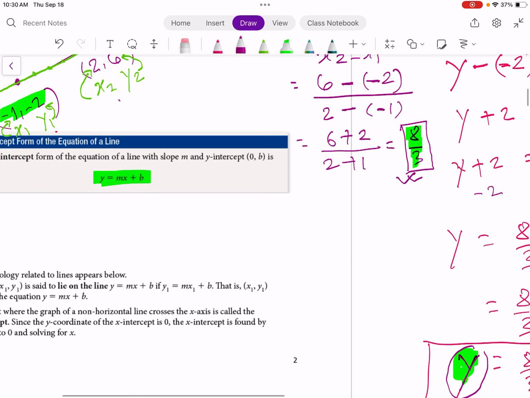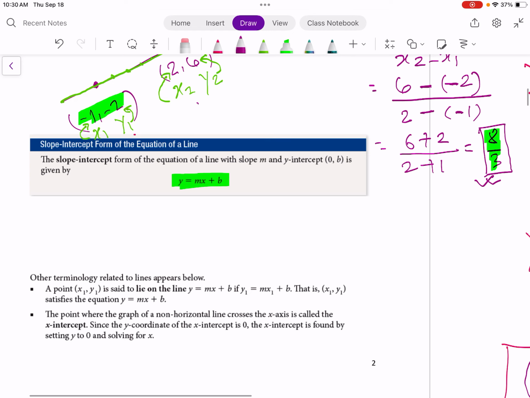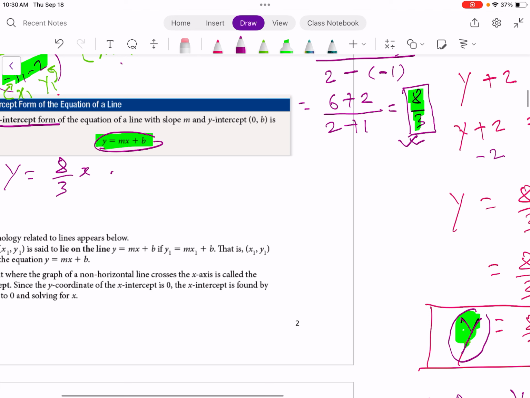Then we call that equation the slope intercept form. Slope intercept form means you are solving that equation of a line for y. So we have y equals mx plus b. The equation we had earlier is y equals 8/3 x plus 2/3.